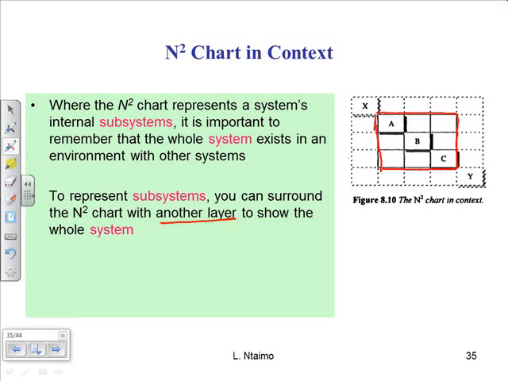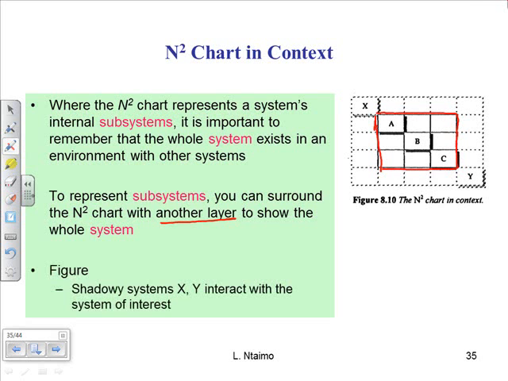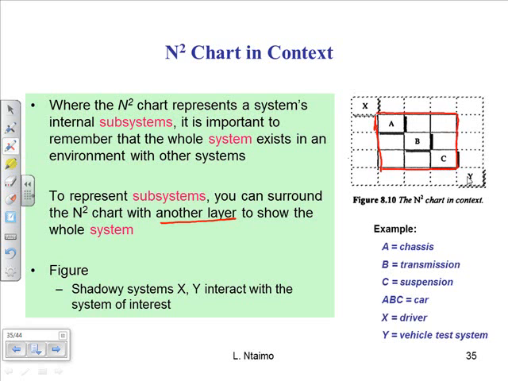But we may also be interested in trying to show how this system is going to interact with other systems in its environment. So here we can have this system X, and we can have system Y in this environment. So we can construct this n-squared chart, and then we can put this overlay as the environment and also depict the specific systems involved.